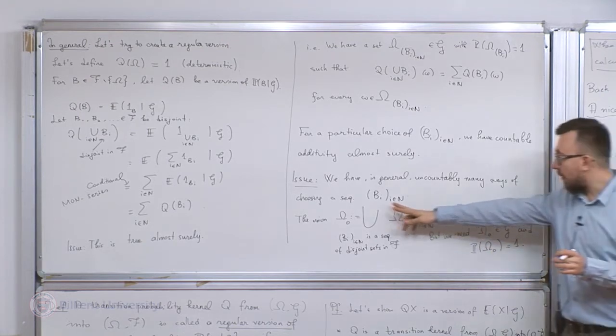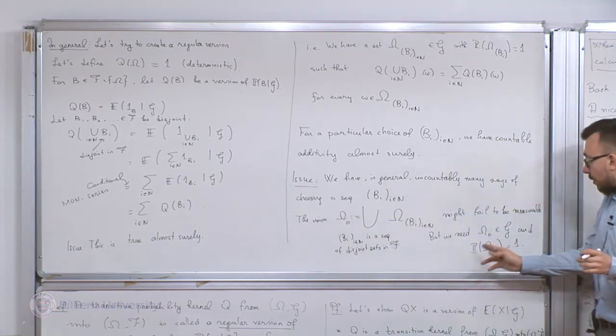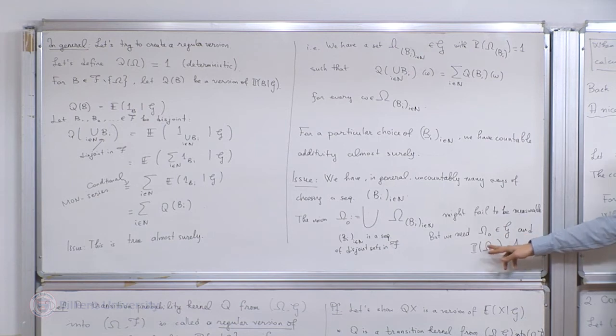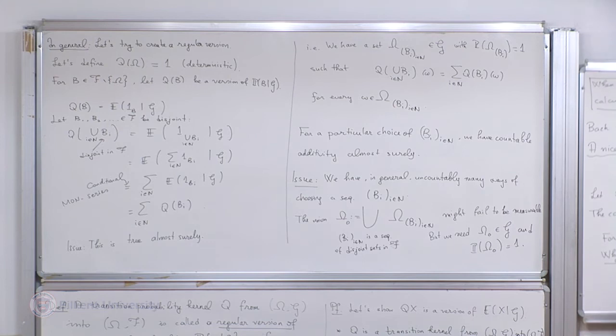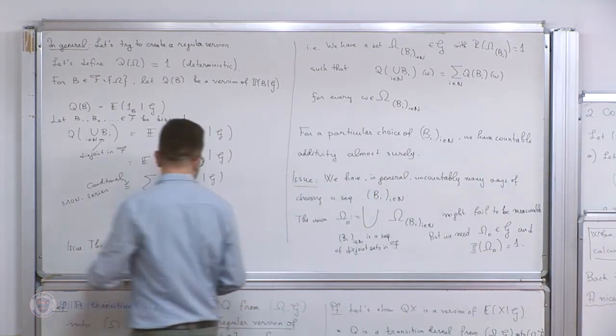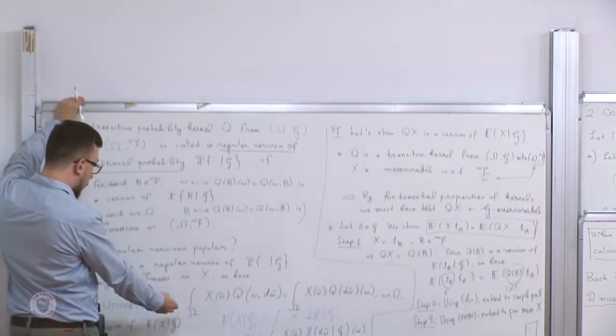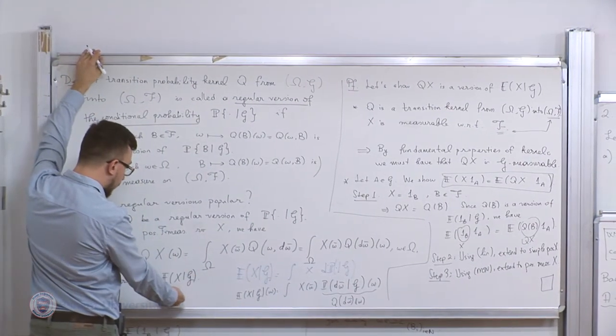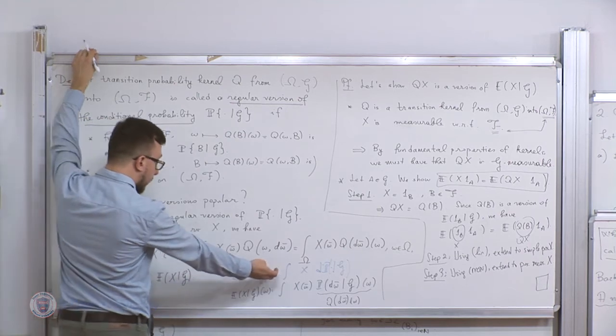So you cannot guarantee that this is a measurable set, that this is in G, or that this has probability 1. That is the technical, pathological issue. And that's why people created regular versions. But once you have them, life is nice because you have this theorem. You can calculate conditional expectations using regular versions.